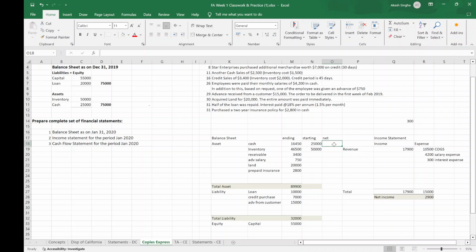So net is starting minus ending, sorry, it should be the other way around. Starting minus ending, and inventory consumed that much.